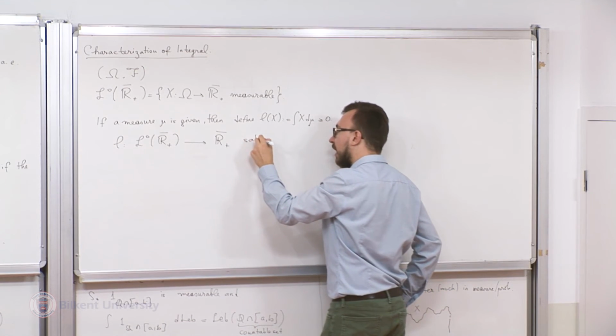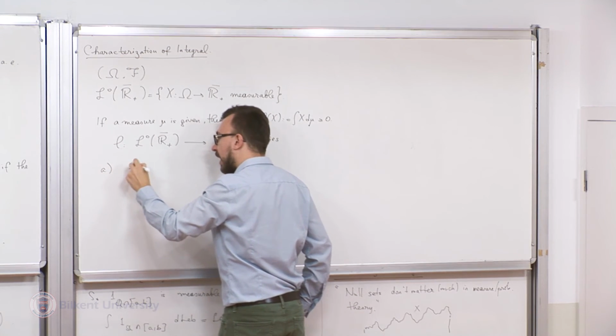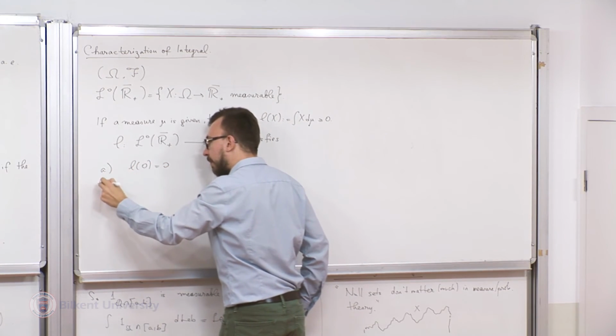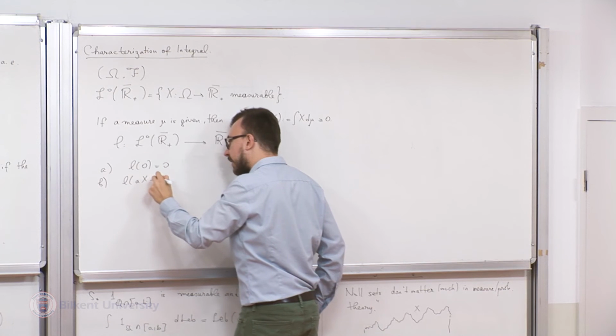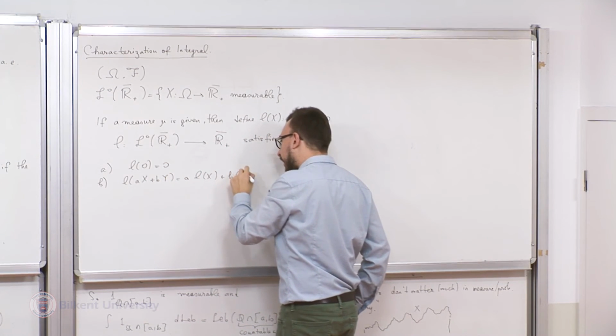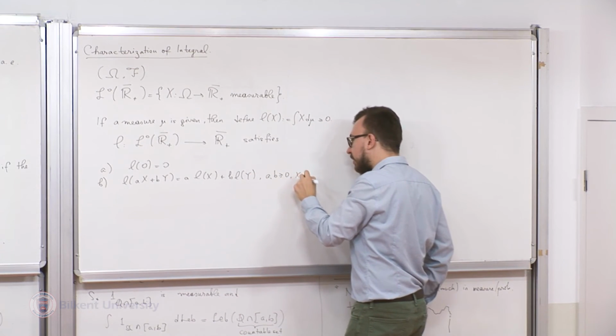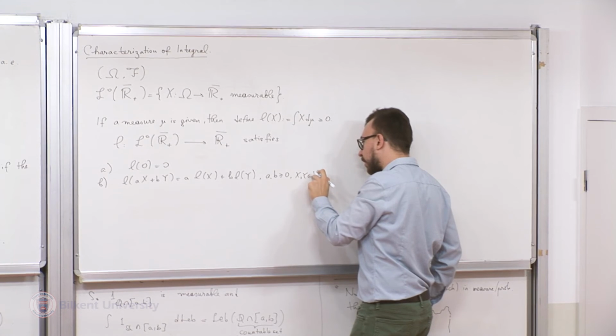It satisfies: A, L of 0 is 0. B, L of ax plus by is a L of x plus b L of y, where a, b are positive and x, y are in L0.